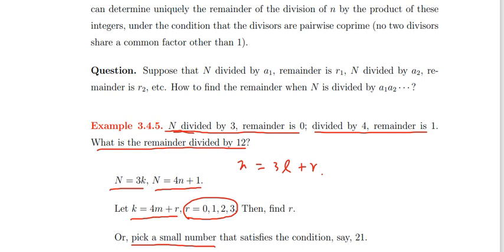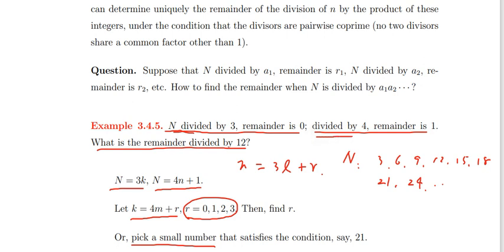Okay, n divided by 3 remaining 0, so this n can be thus, right? 3, 6, 9, 12, 15, 18, 21, 24, like that. So from them, we just try to find one that satisfies this.